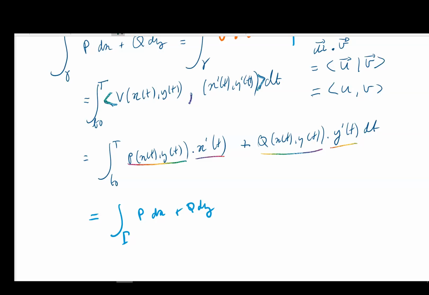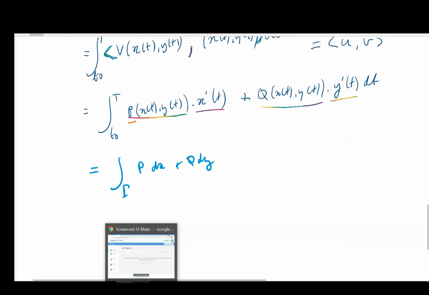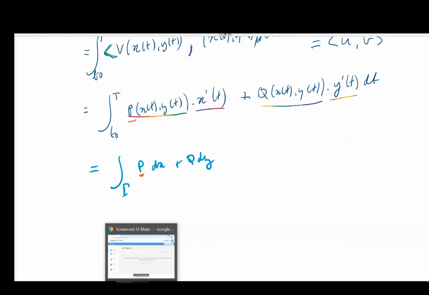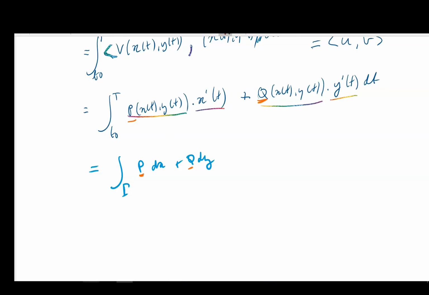Maybe we can see, just before we do some example, what do I get here? I've got the same P here and here. I've got the Q here and here. So what's left here? I've got the dx, x prime dt, and dy, y prime dt.